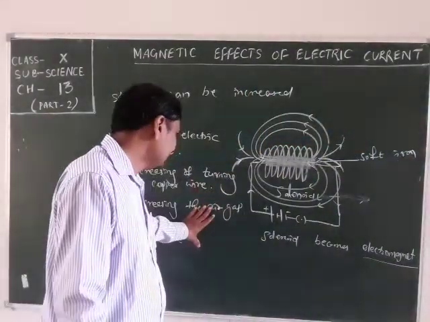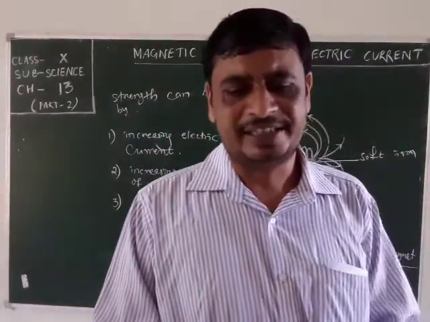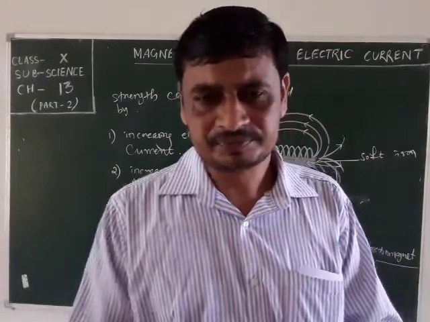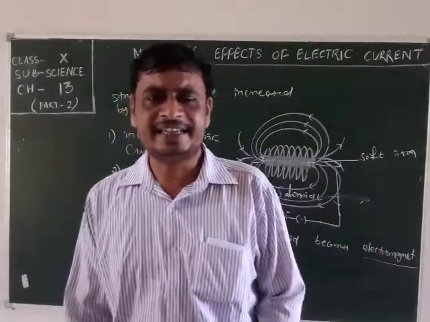By this method, we can increase the strength of the magnetic field produced by the electromagnet or that of the solenoid. Next, we will discuss the force on a current carrying conductor in a magnetic field.